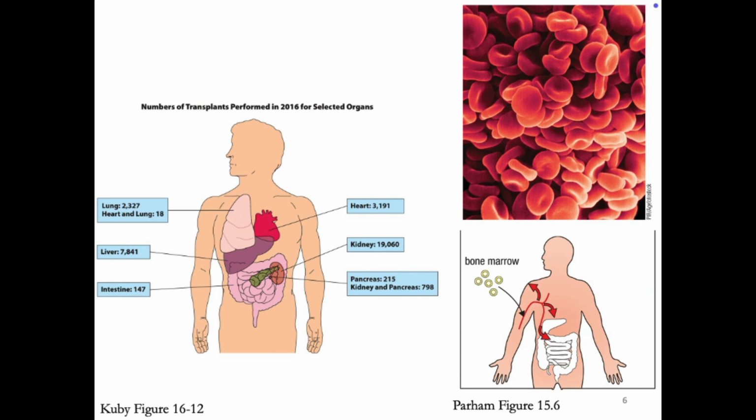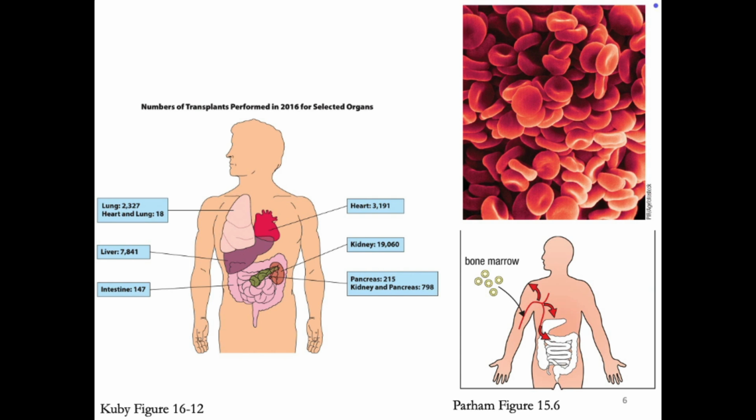So you can see there are things like heart, kidney, pancreas, intestine, liver, lung. This doesn't show cornea, but cornea would be another example. And so you can see it's a decent number. I will generally be using kidney as my example, partially because kidney transplantation is so common.